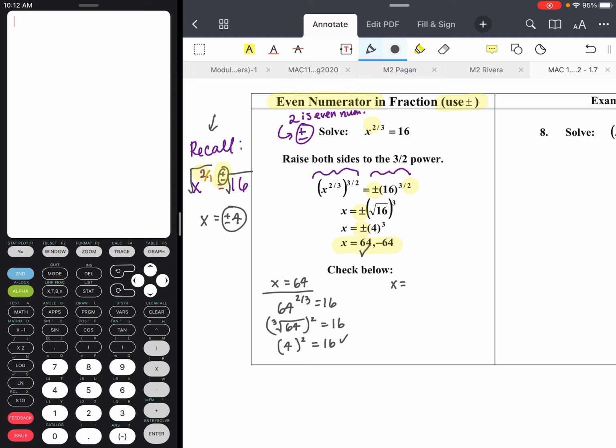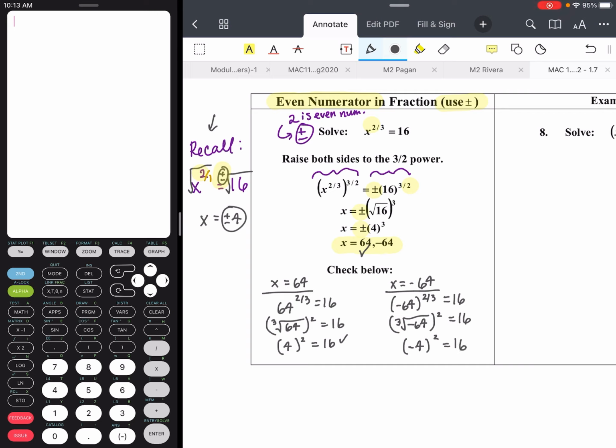Now let's check x equals negative 64. So negative 64 raised to the power 2/3 should also equal 16. This is the cube root of negative 64 squared equals 16. And the cube root of negative 64 will actually be a negative 4, right?